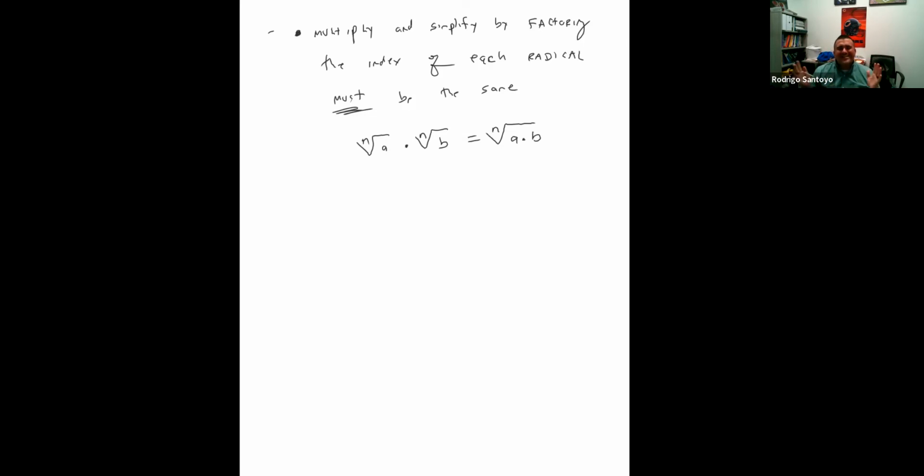So as long as the indexes are identical, then we can multiply. The indexes must be the same in order for us to multiply them. So now let's take a look at an example.